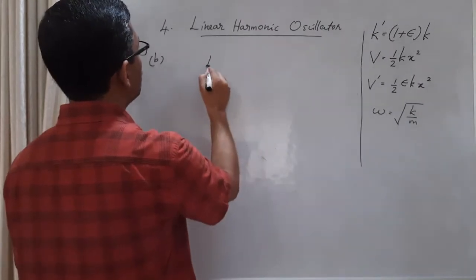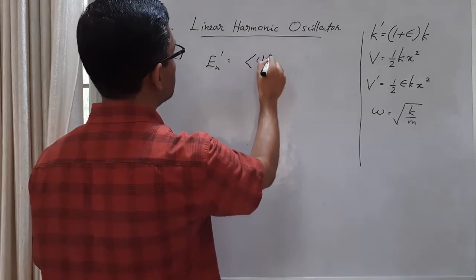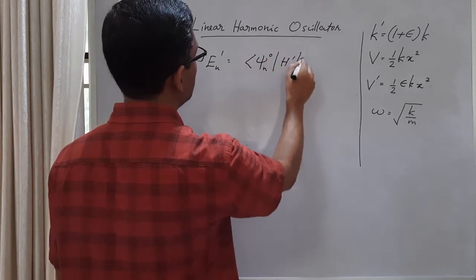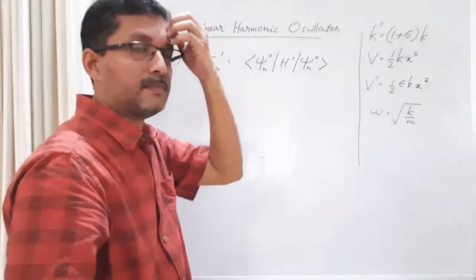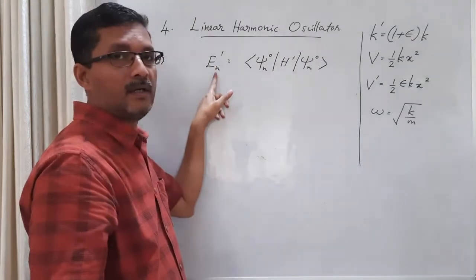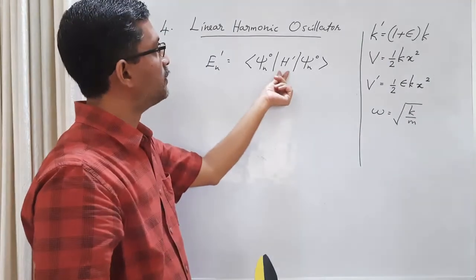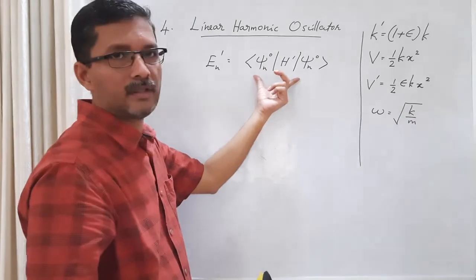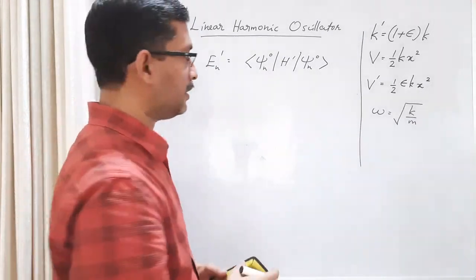Okay, so first order correction in energy is, as we know, expectation value of the perturbation in the states of the unperturbed system. If you want to calculate the first order correction in energy for the nth state, we have to take the expectation value of the perturbing Hamiltonian in the unperturbed state. Now I am using a slightly different notation here.